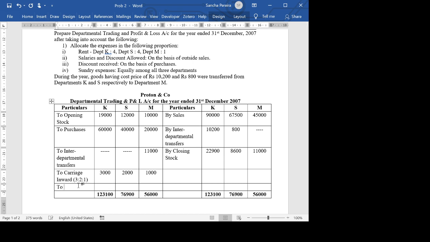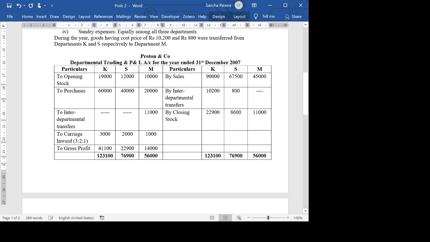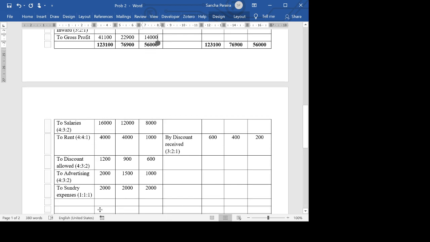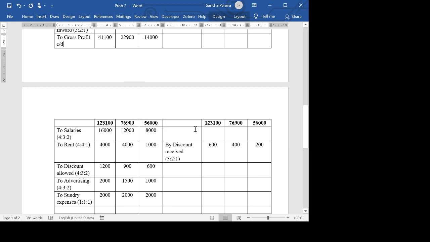To gross profit of each of these departments, this is 41,100. Then we have 22,900, and then we have 14,000. Bring down the gross profit, to gross profit carried down, and here I will say by gross profit brought down. The same amounts.